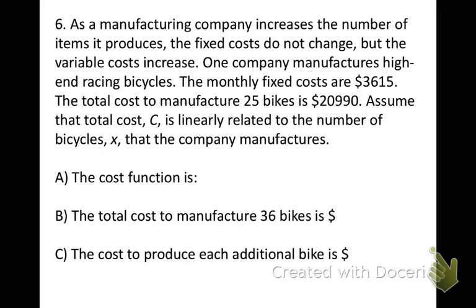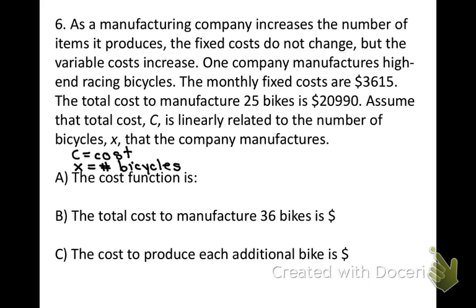So we're going back to a cost equation. We're looking at C of X. It tells me that C is my total cost and that X is my number of bicycles. Okay. It also tells me that I have fixed costs of $3,615.